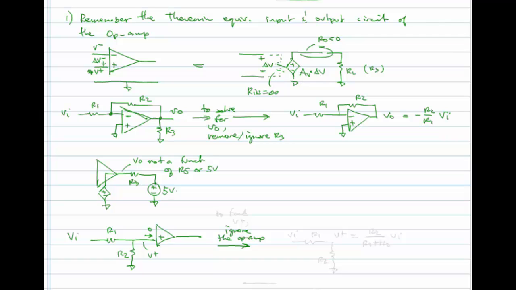Why? Because there's zero current flowing into the input terminal. So to find V plus, ignore the op-amp. So we'll just redraw this. Call this V plus. We have VI, R1, and R2. And V plus is nothing more than just a voltage divided version of VI.